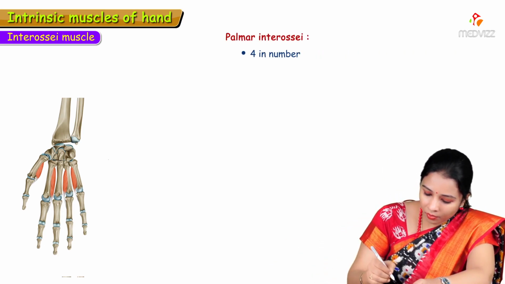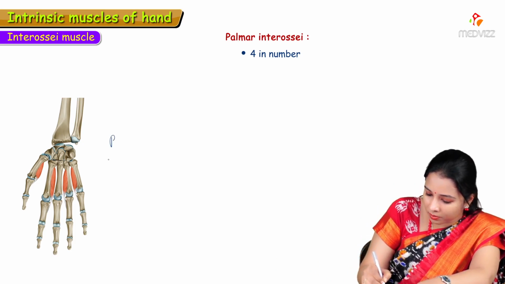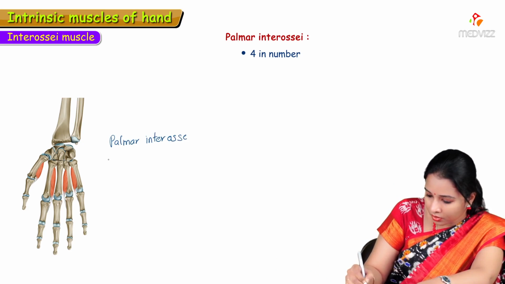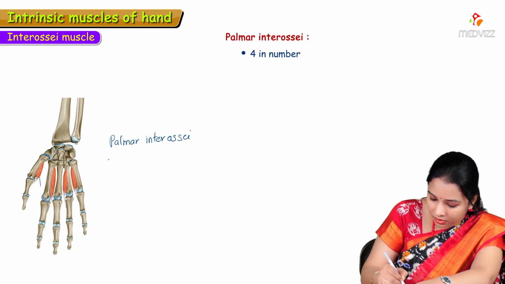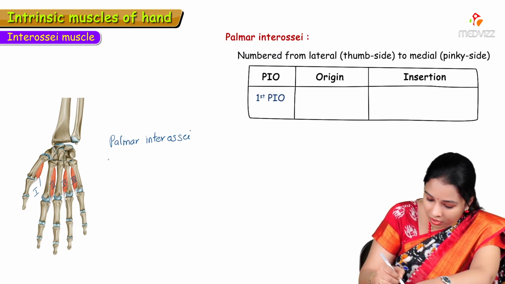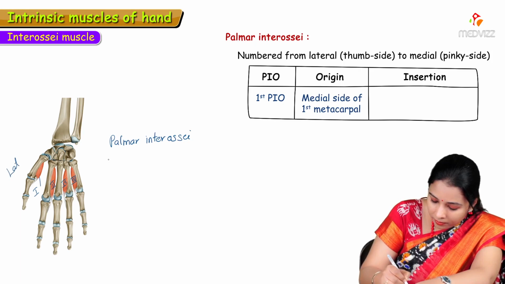anteriorly we can see the 4 palmar interossei. So this is the picture for palmar interossei. So this is first, second, third and fourth. And the first palmar interosseous gets origin from the medial side of the shaft of the first metacarpal bone.